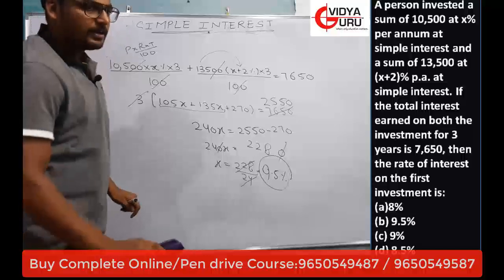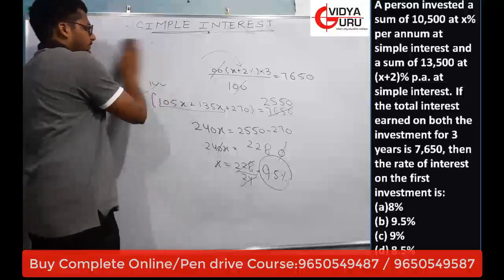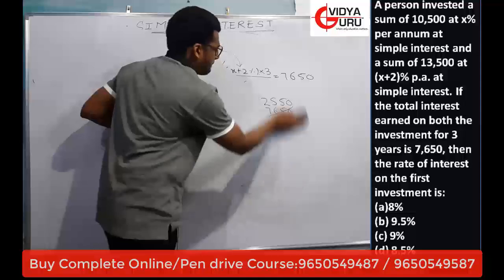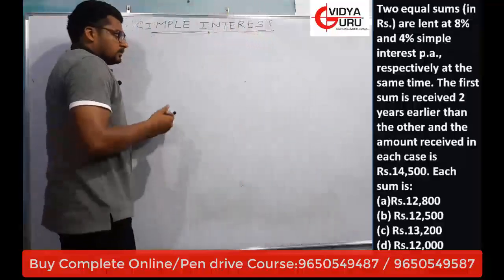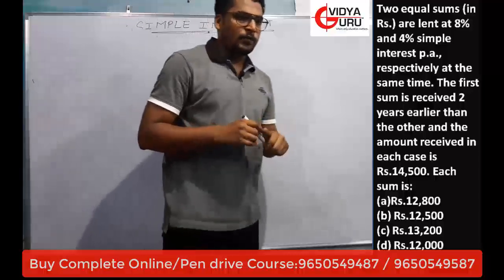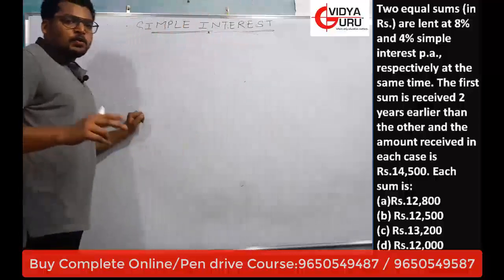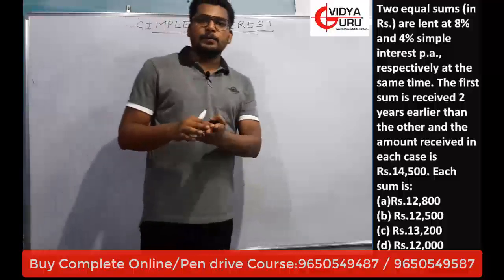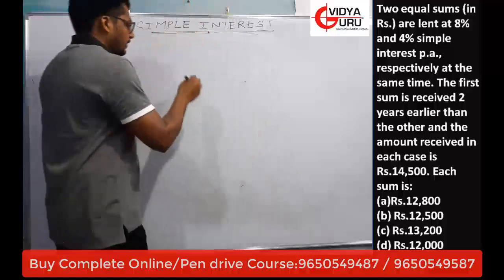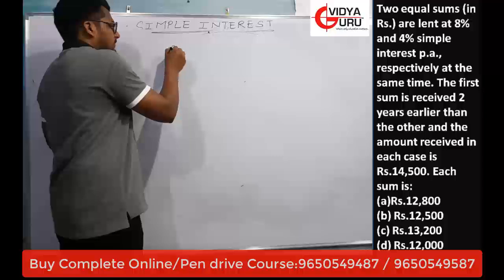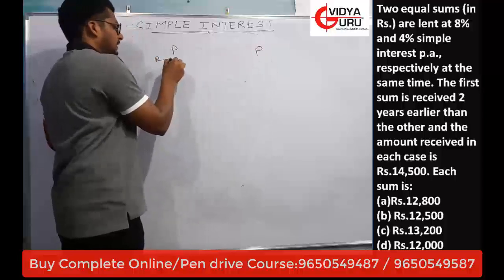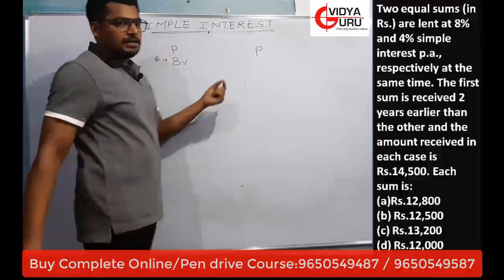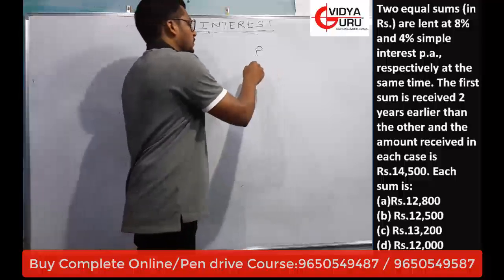Moving on to our next question. This is our question number 9 of today. What is the question saying? Two equal sums are lent at 8% and 4%. Two equal sums, that means the principal is equal, but here the rate is 8%, and in the second part the rate is 4%.